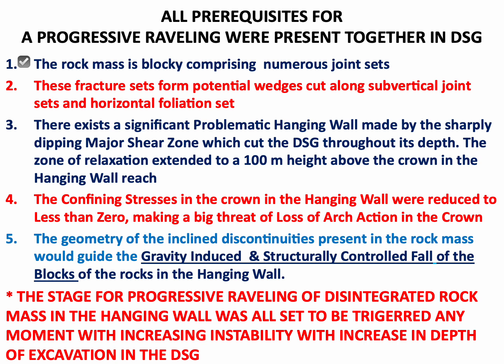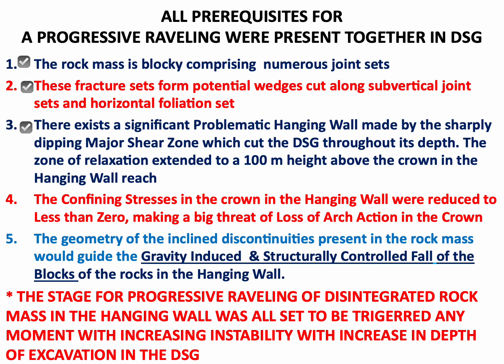Firstly, the rock mass in the Downstream Surge Gallery was Blocky II, comprising numerous joint sets. Second, these fracture sets formed potential wedges cut along the precariously inclined discontinuities made by numerous subvertical joint sets combined with near horizontal foliation joint sets.